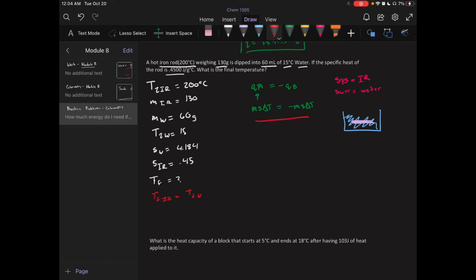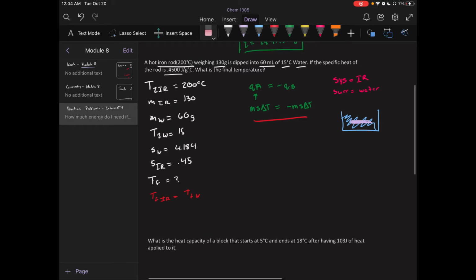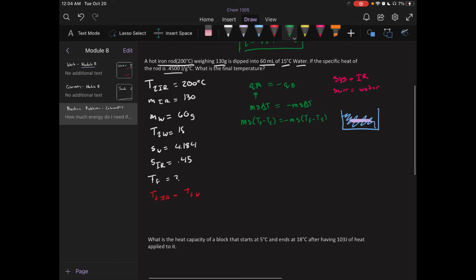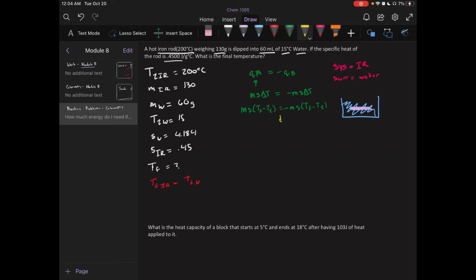This is what this equation tells us. From here we can start by rewriting this equation. MS delta T, where delta T is the final temperature minus initial, is equal to negative M water S delta T, again the final temperature minus initial. And from here, we can start inputting things.